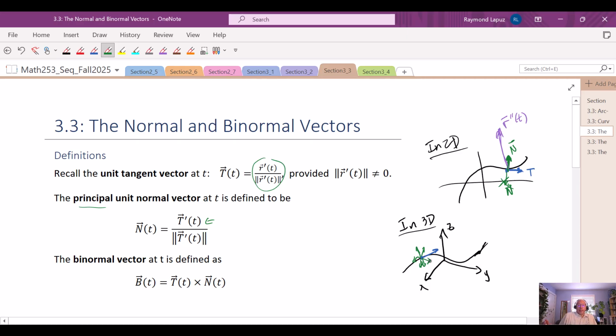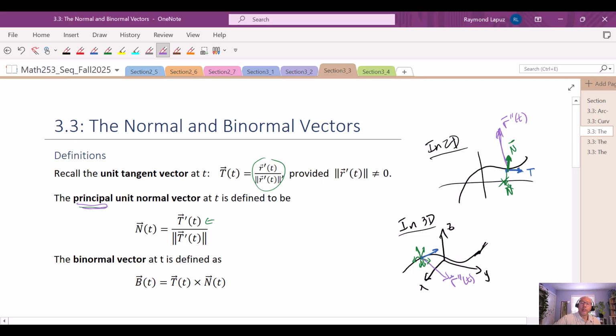That's really complicated, and to find the principal unit normal vector, we're going to look for the acceleration again. Let's say the r double prime of t is pointing in this direction.